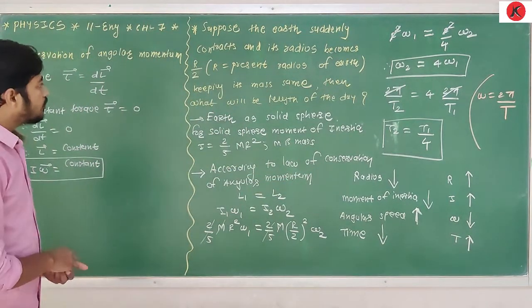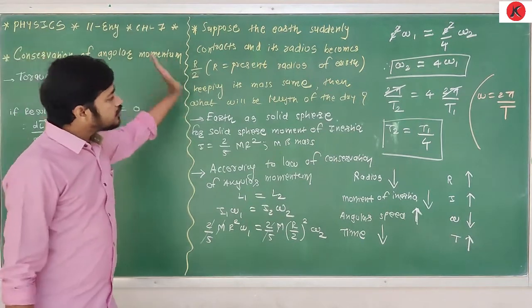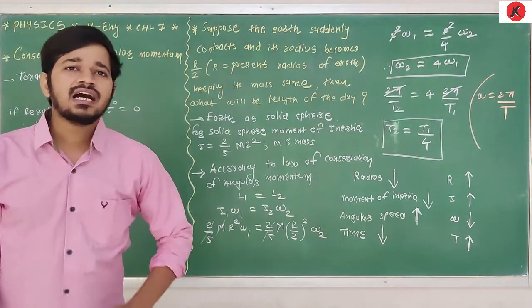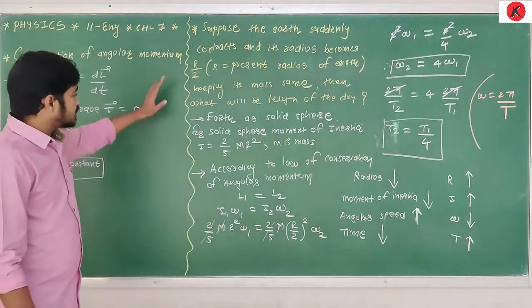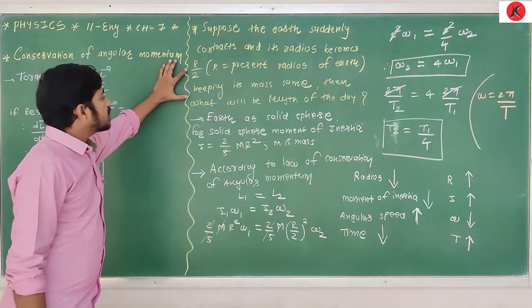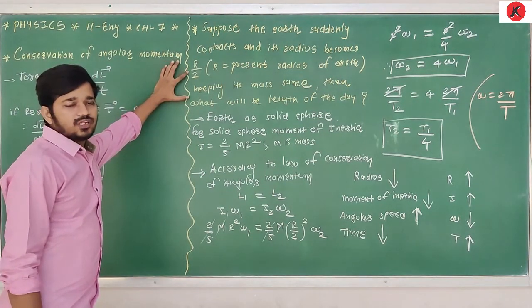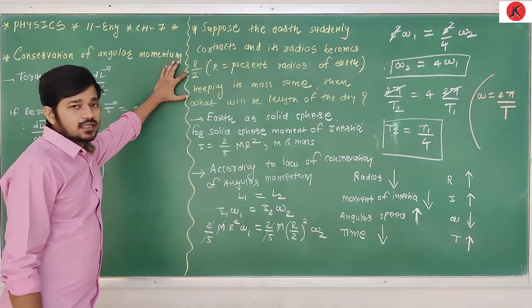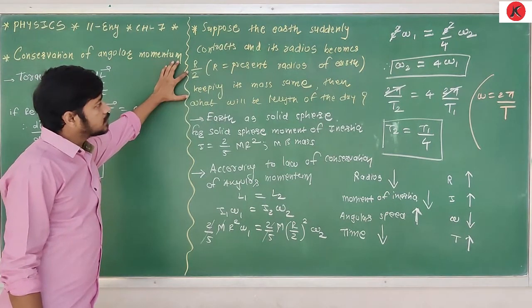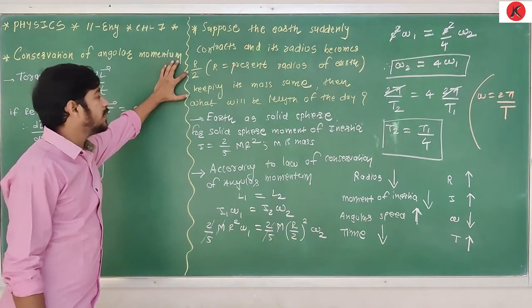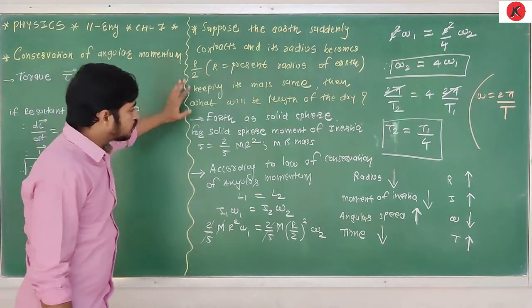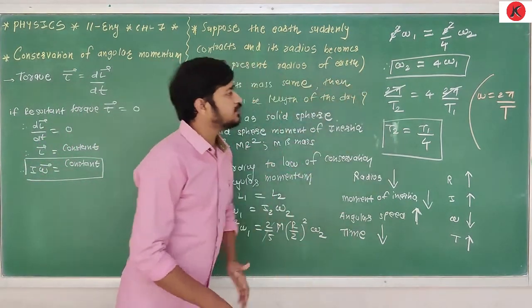Lastly, I can ask this question with different changes. Instead of radius becomes r/2, I can replace it with r/3, r/4, r/5, r/6. Then how to find speed and time? You can find it directly.